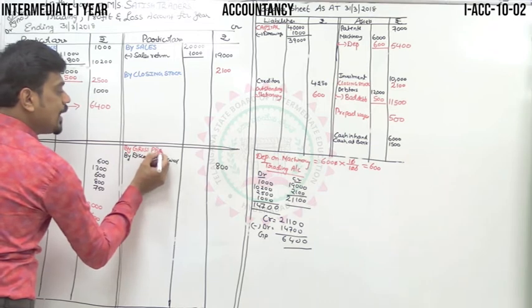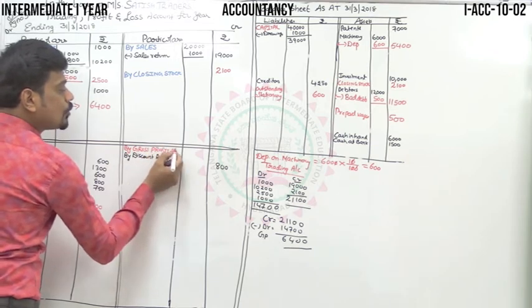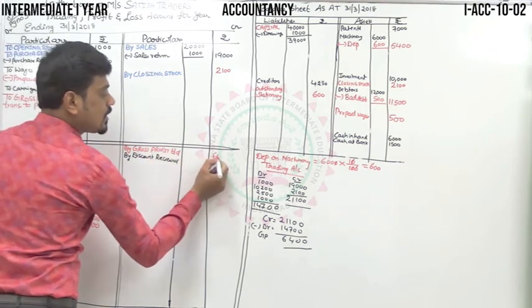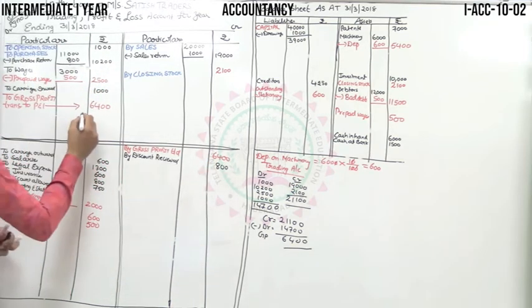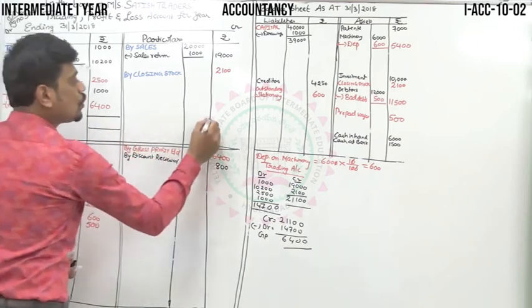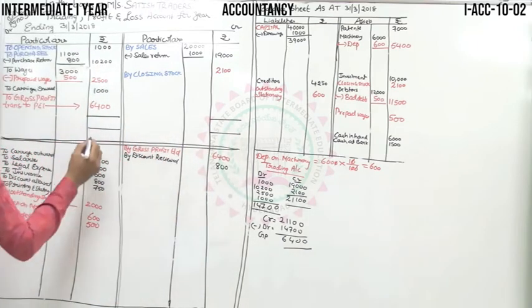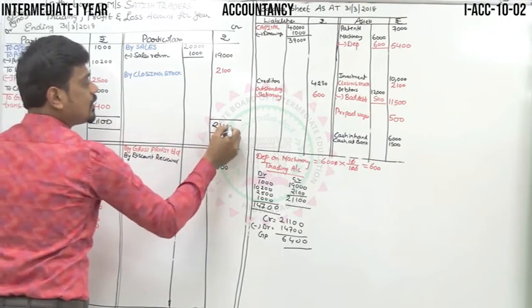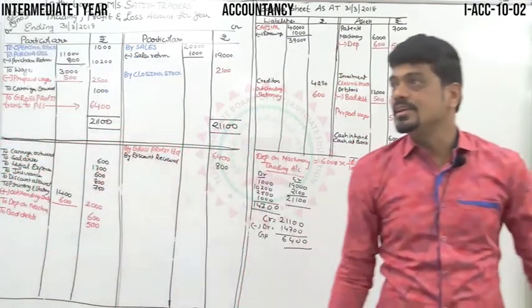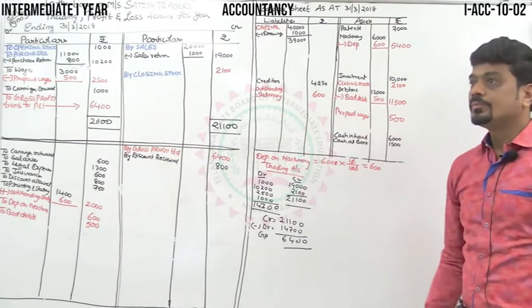There we'll write by gross profit brought down 6,400. Now with lot of love and affection, you close the account. Don't be in a hurry. 21,100, 21,100. You can see. First part is over.